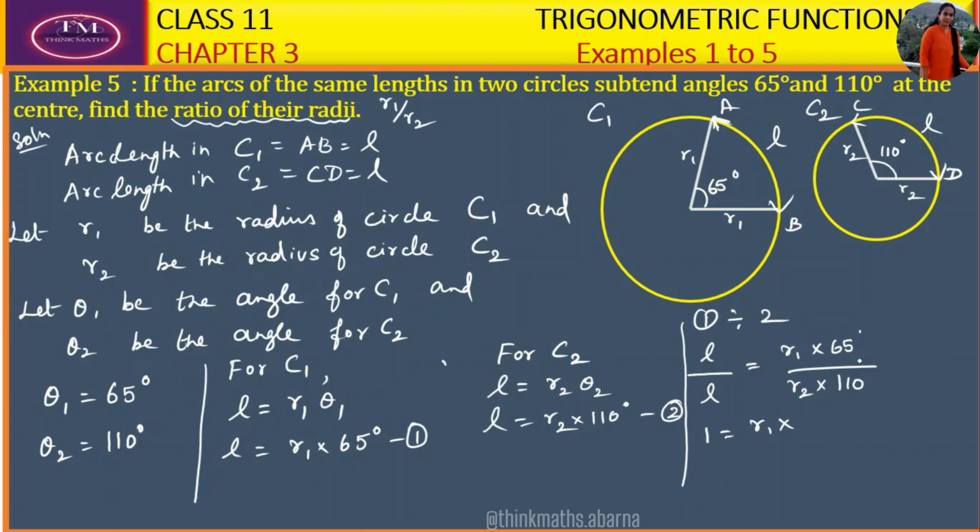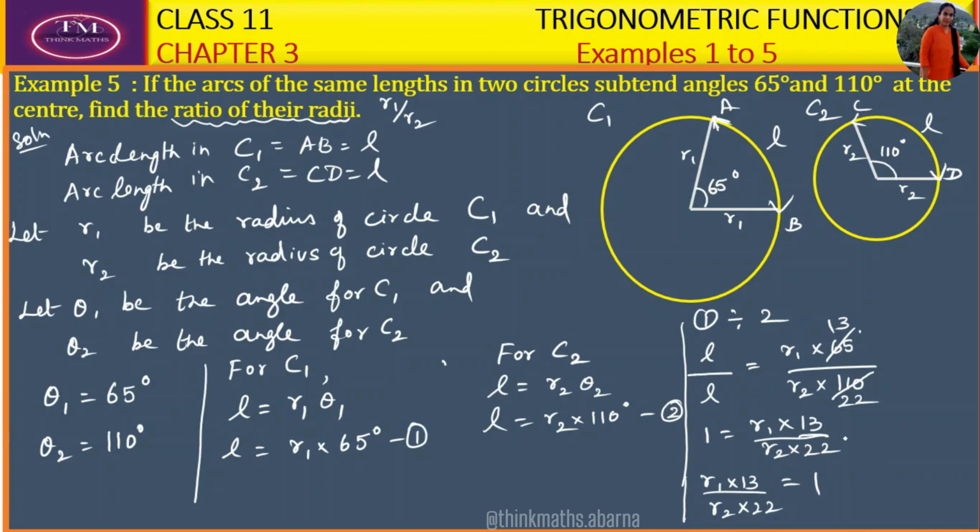So how can we cancel? 1 5s are 5, 13, and 2 5s are 10, 22. So it is 13 by 22. Now I am going to write R1 into 13 divided by R2 into 22 equal to 1.